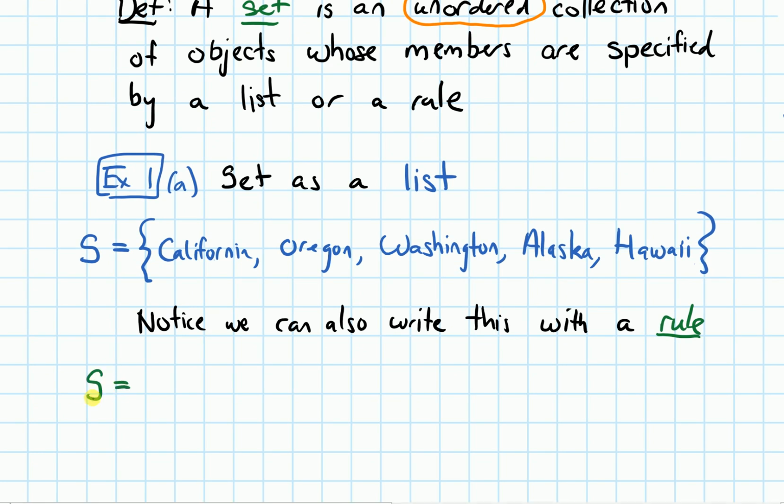Okay, so the way I'm going to write this is S. Again, curly bracket. I'm going to write X, and then I'm going to write a colon, and the colon is notation that means such that.